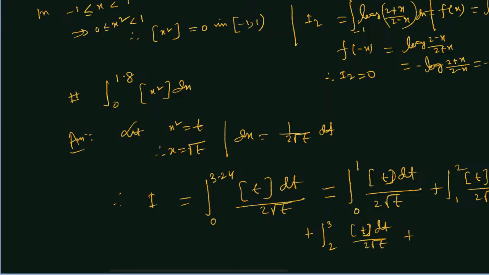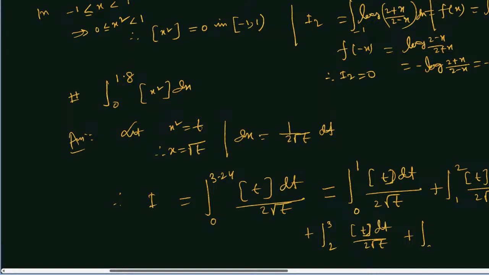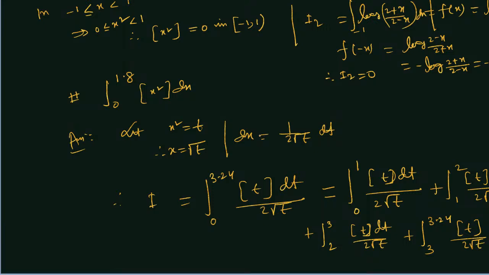Then finally 3 to 3.24, modulo t by 2 root t. Alright?